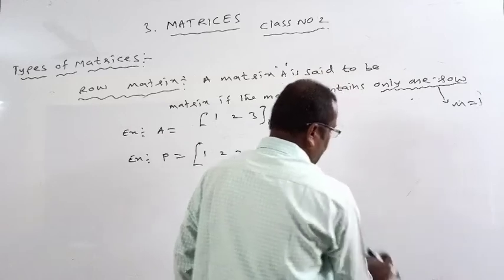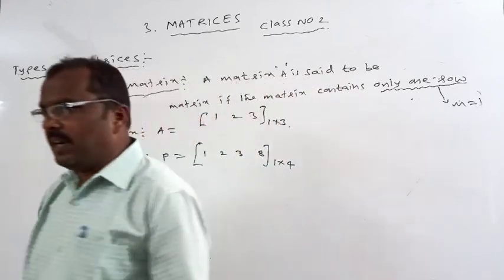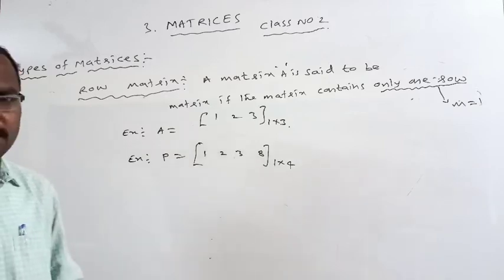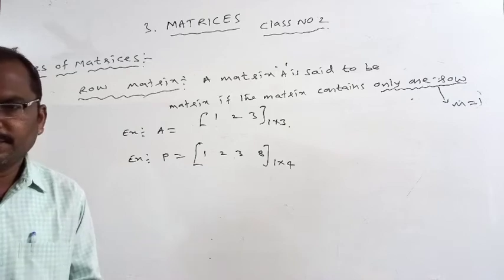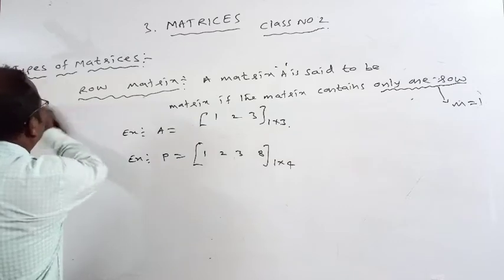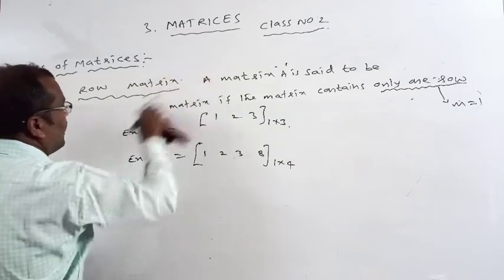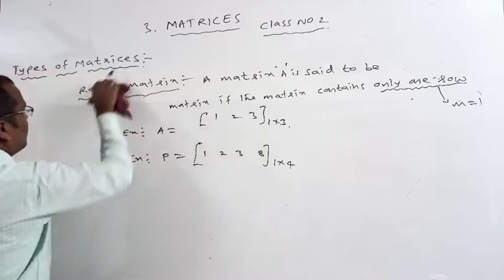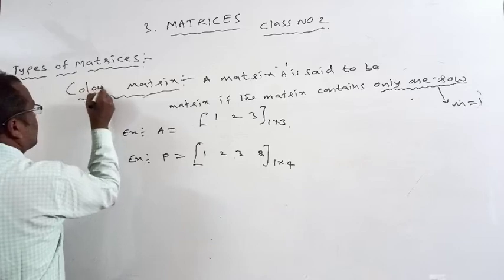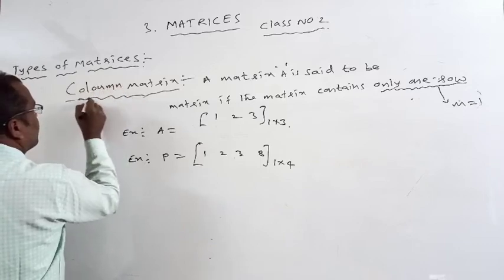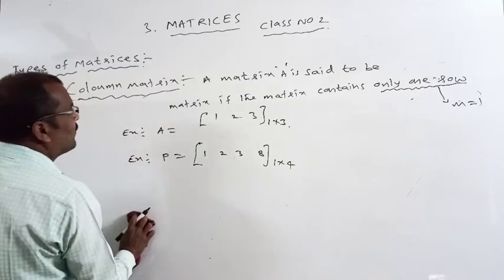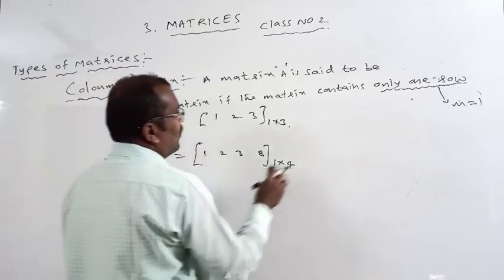Next heading is column matrix. A matrix is said to be a column matrix if it contains only one column.